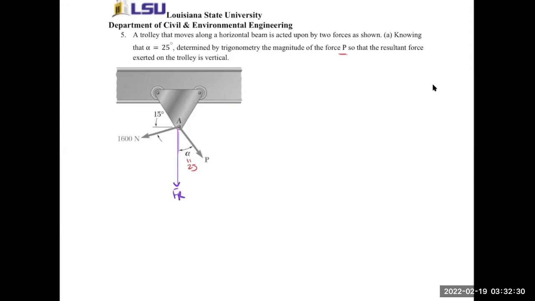So then FR. And then by parallelogram law, I can bring this P over here. Okay, let's call this FP. And then from trigonometry, I know that this is 25 here, then this must be 25 as well, right? This is 25. And then we know that this is a 90-degree angle.